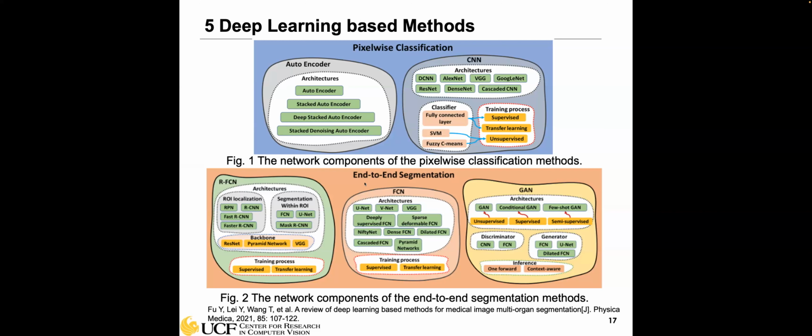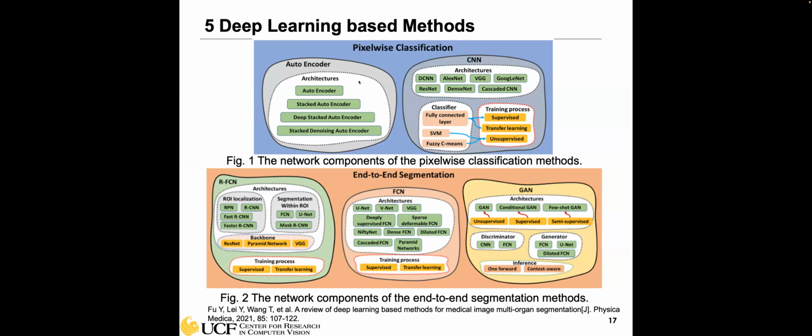They broadly categorize the methods into pixel-wise classification and end-to-end segmentation. For pixel-wise classification, basically you can treat semantic segmentation as a classification task, right? You classify each pixel into one category, okay?